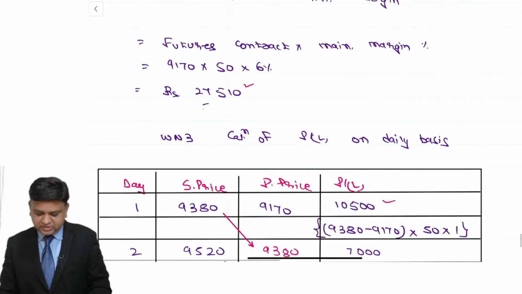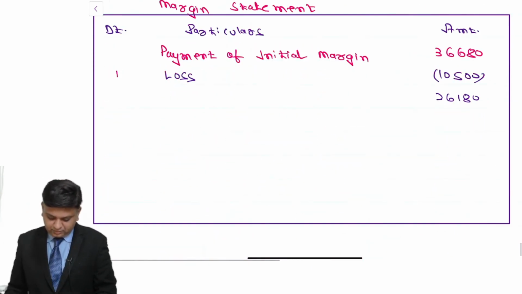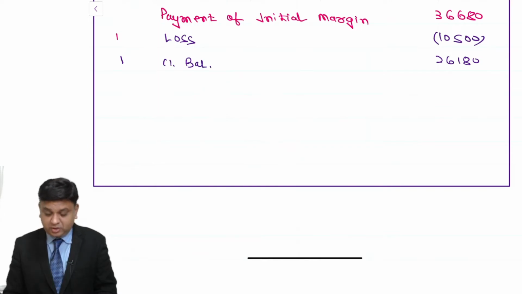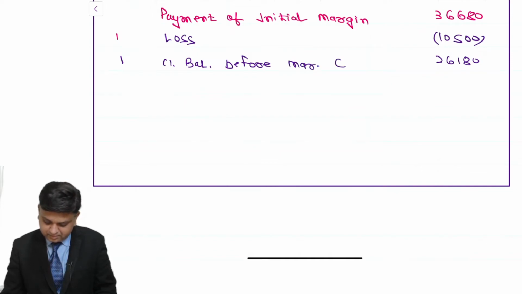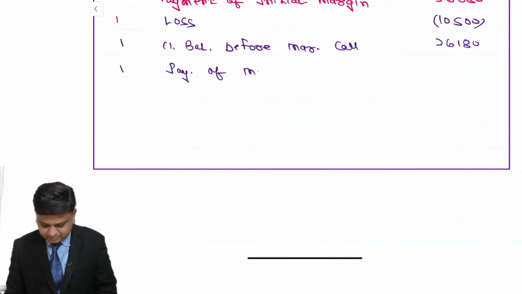The amount of the maintenance margin is 27,510. So on the very first day, you are required to make the payment of the margin call. Closing balance before margin call.